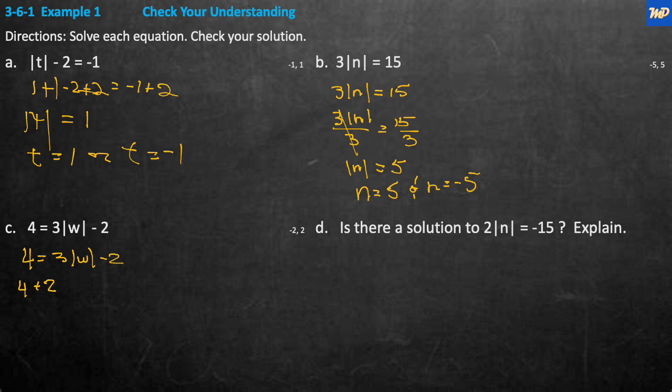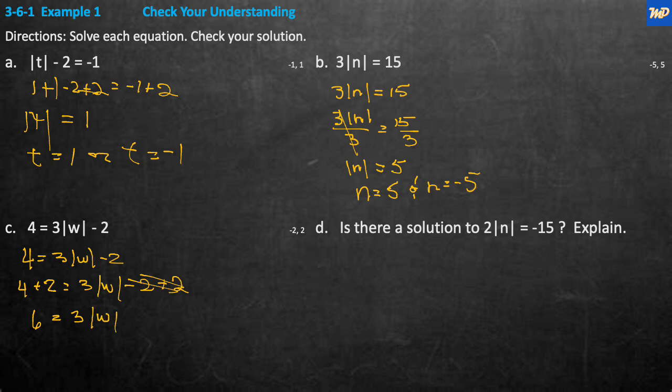Plus 2 is equal to 3 times the absolute value of w minus 2 plus 2. The minus 2 plus 2 cancel. In simplification, 4 plus 2 is 6. So 6 equals 3 times the absolute value of w.